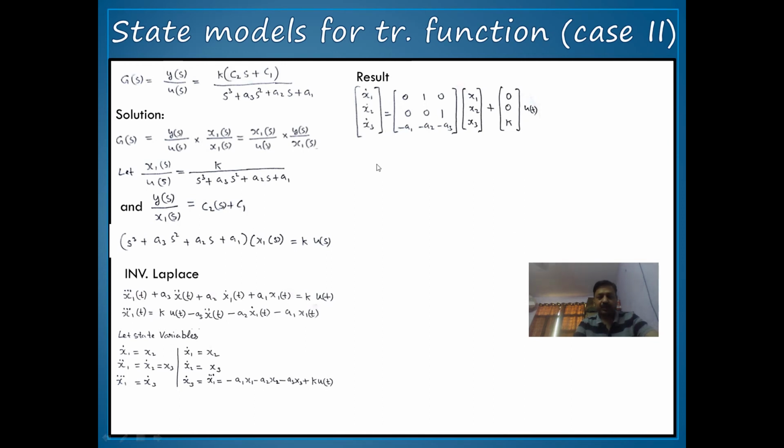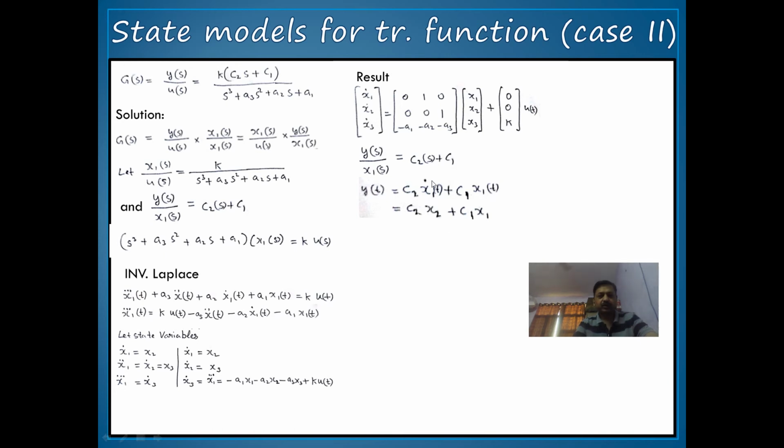Similarly, in the next step, Y(s) upon X1(s) is the second part of this equation. In this particular equation we have taken C2s plus C1, which is further converted into the time domain. C2s, after multiplying with X1(s), we can write like this: c2 multiplied with the first derivative of x1 with respect to time t, plus c1 x1(t).